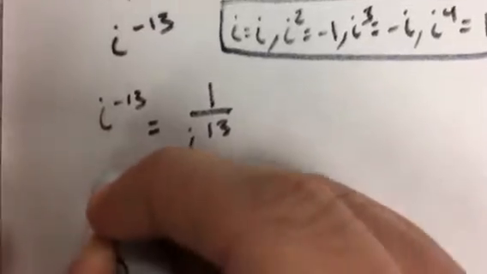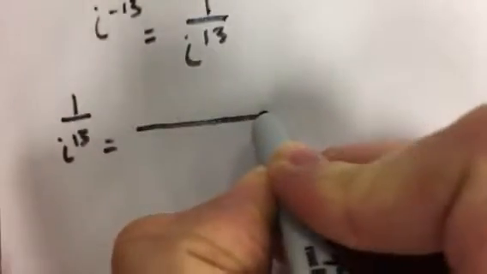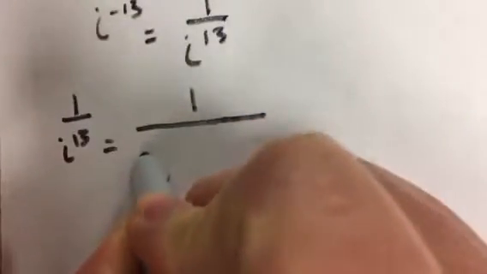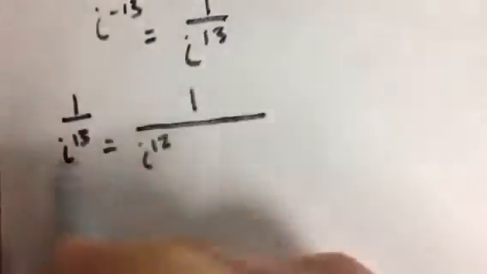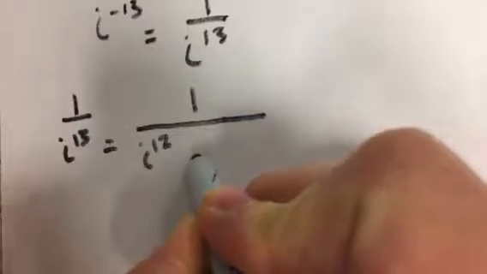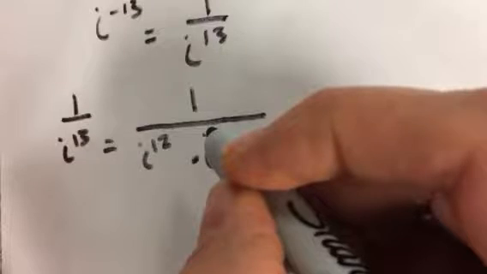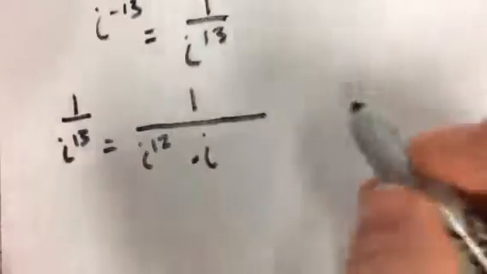So 1 over i to the 13th equals 1 over i to the 12th times i, because if you factor 4 into 13, i to the 12th times i is 1.